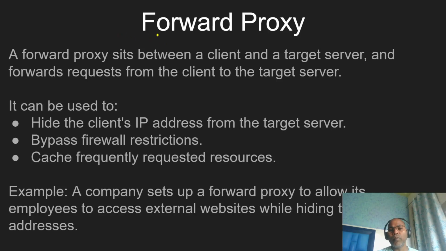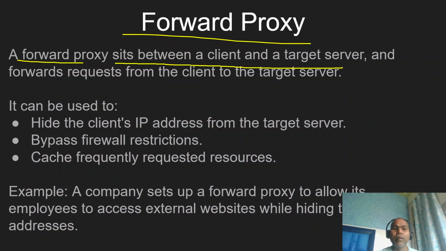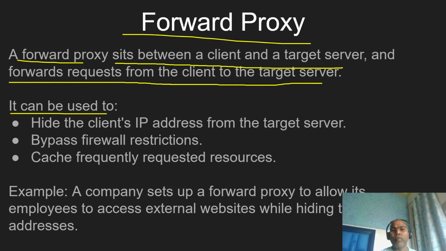What do we mean by forward proxy? A forward proxy means a proxy sits between the clients and the server. It forwards requests from the client to the target. Let's assume a scenario where the proxy can hide the client IP address from the target server.